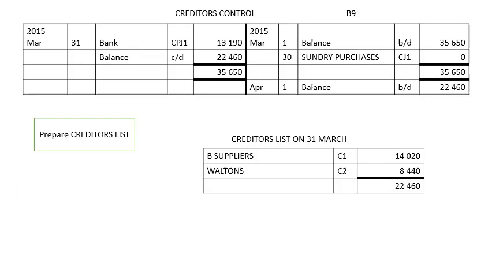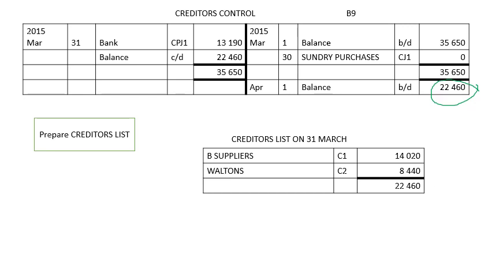Next step is we now have to prepare a creditors list. Here is the creditors control account. That is the balance. You've done that two slides ago. What is a creditors list? You know already it's a list of the creditors, each one and how much we owe each of them individually. We saw that we owe B Suppliers this amount, we owe Waltons this amount.